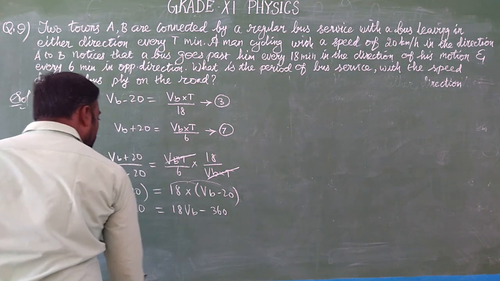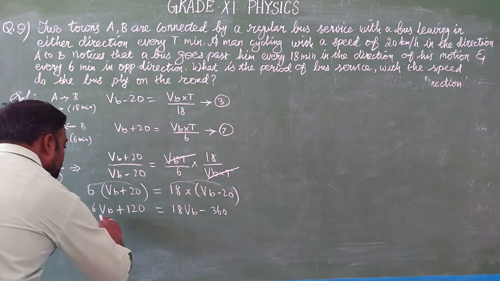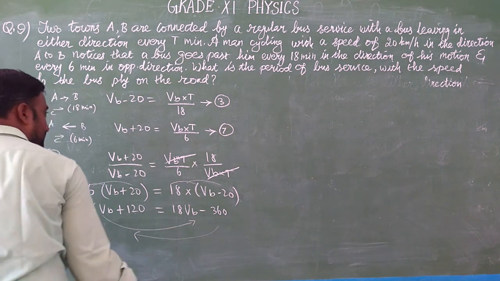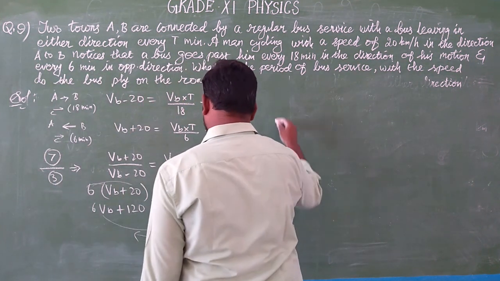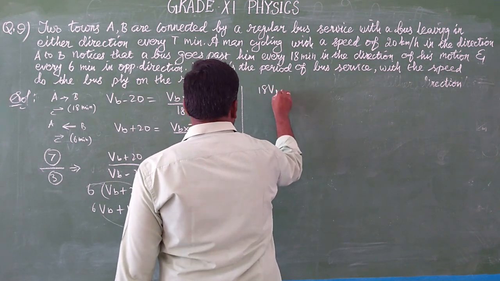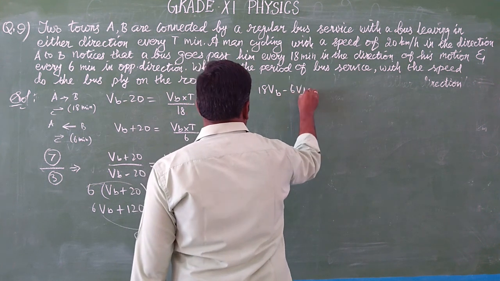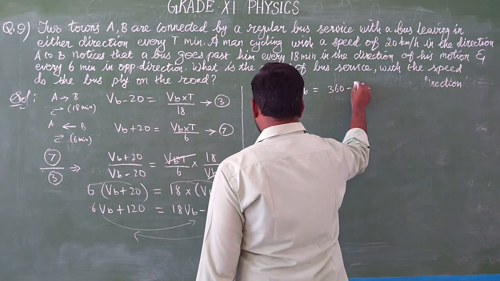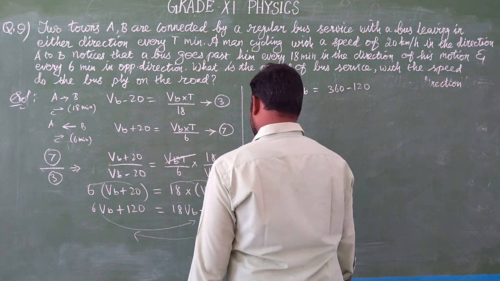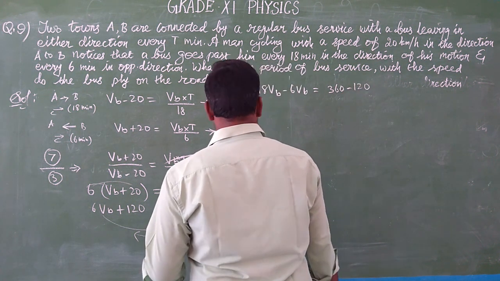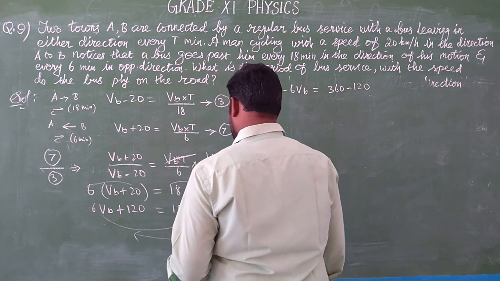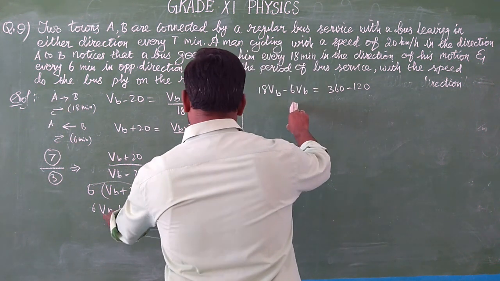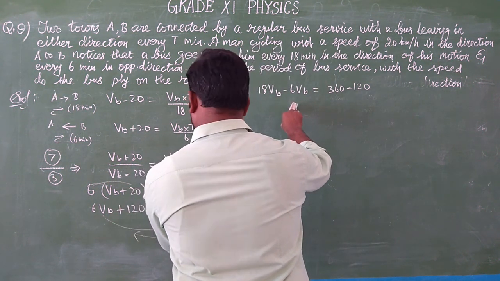Then transfer both the terms. This becomes this side and this value becomes that side. So you will get 18 VB minus 6 VB, which is equal to 360 minus 120. So minus 120 becomes plus 120 on this side. Just wait. 18 VB is here, the 6 VB is transferred to that side.